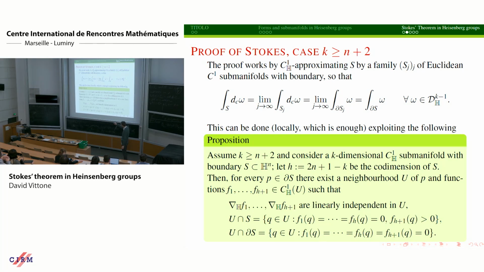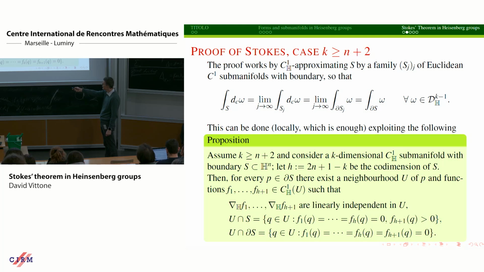We can find functions f1, ..., f_{h+1}, which are intrinsic C1, and they are defining functions for the boundary, ∂S. Remember, ∂S also can be seen as the level set of the functions f1, ..., f_{h+1}. Here h is the codimension of S, so h plus 1 is the codimension of its boundary.